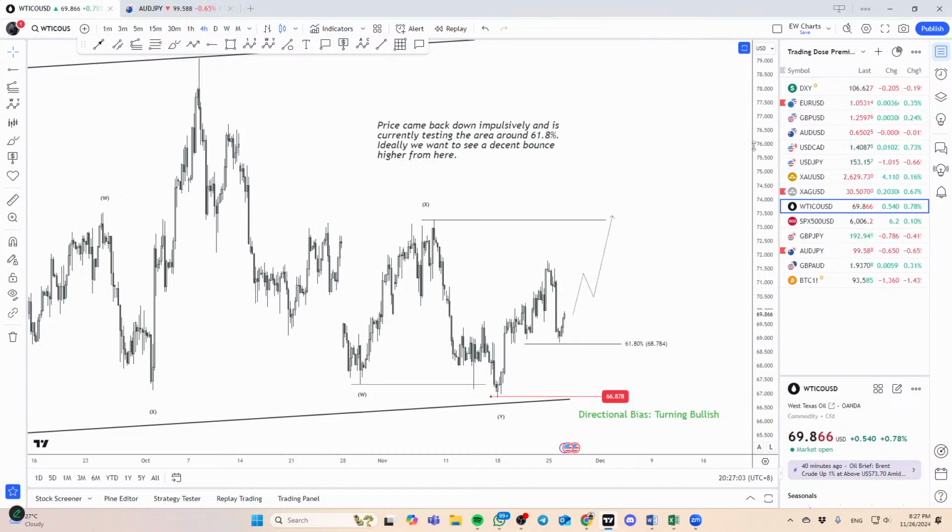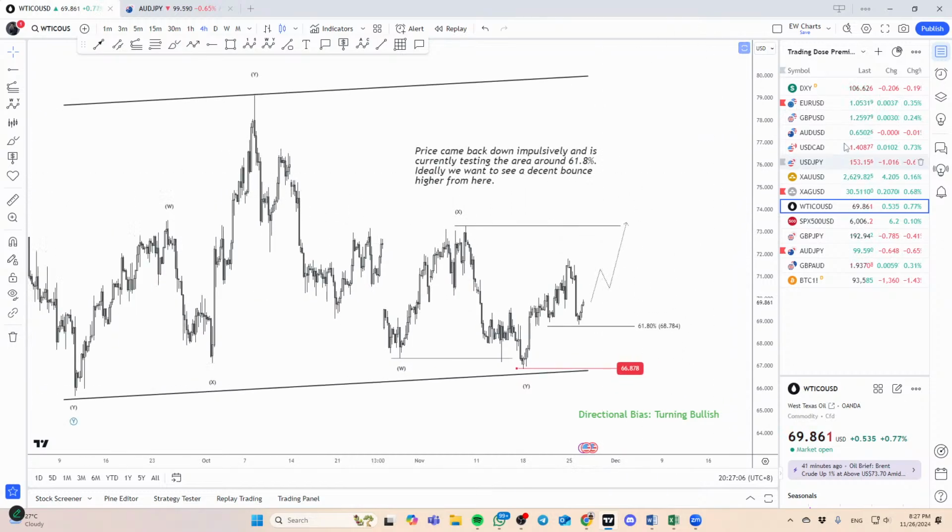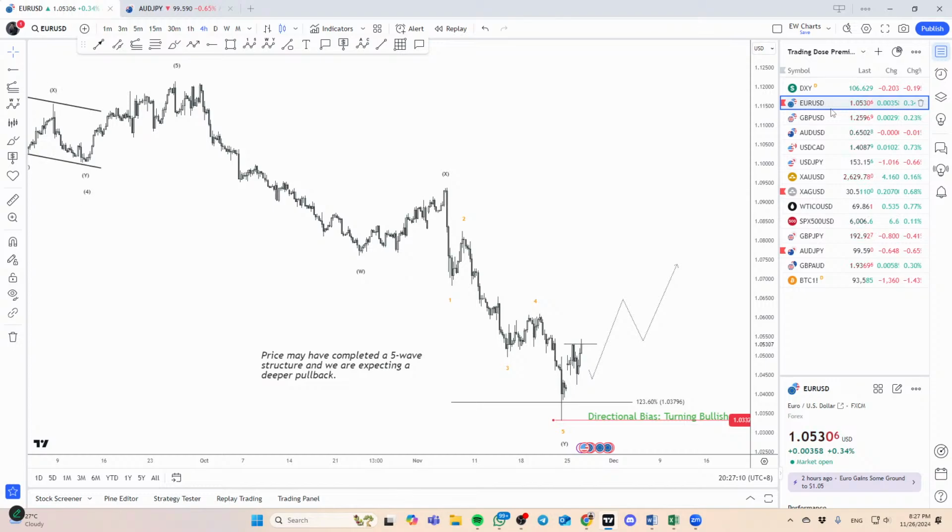But directional-wise, I'm still overall leaning towards wave theory, in terms of pattern structure. At the end of the day, wave theory is all about pattern structure, coupled with Fibonacci itself. So that's the primary view.